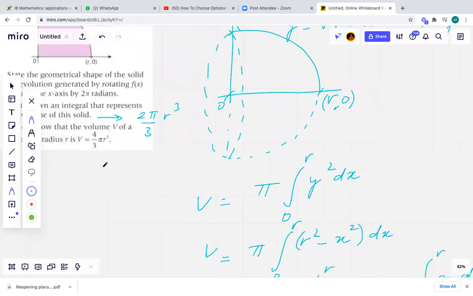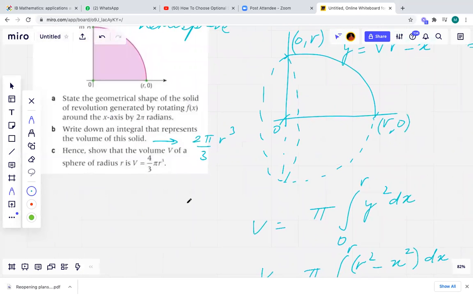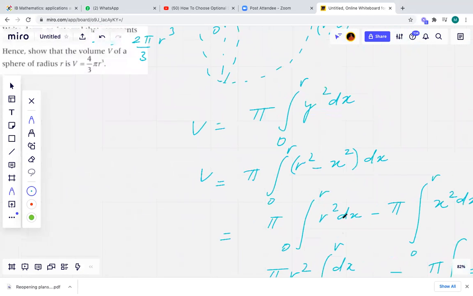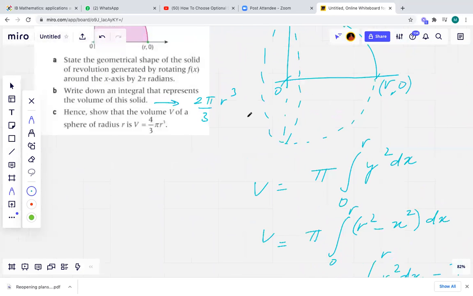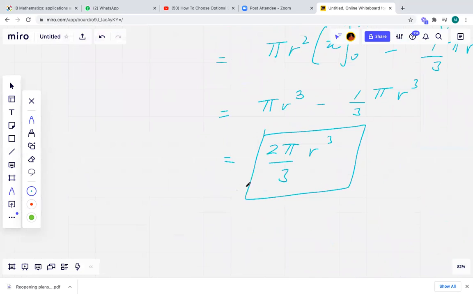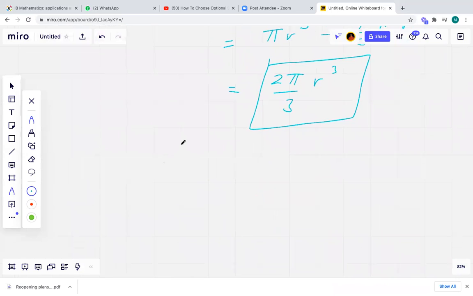Now you want to solve part C, no? You have to solve the integral. So that's the volume of the hemisphere. So volume of sphere will be 2 times of this, because one sphere is made up of 2 hemispheres. So volume of sphere is 2 pi upon 3.